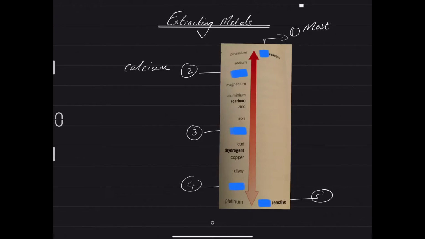Number 3, you should have tin. Number 4, you should have gold. And number 5, you have least reactive, so the word should be least. So the most reactive is at the top, the least reactive at the bottom.